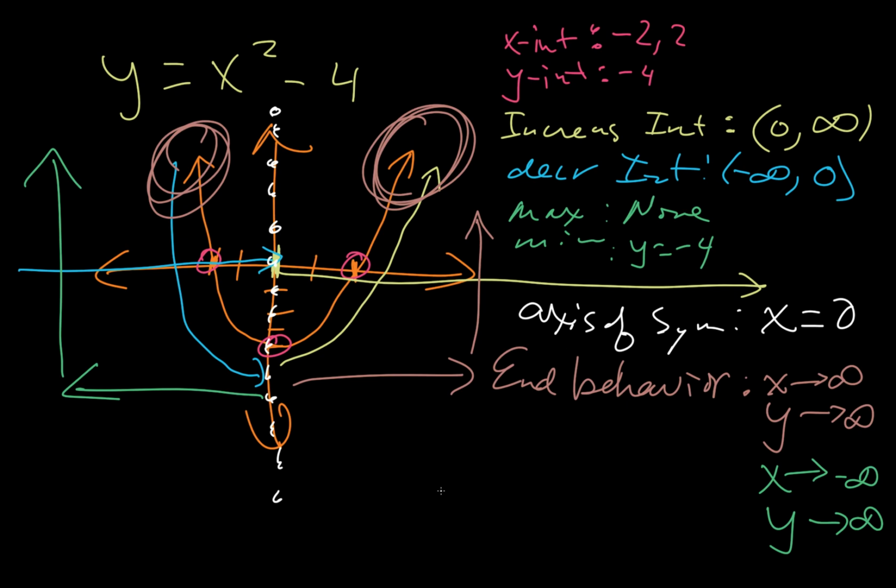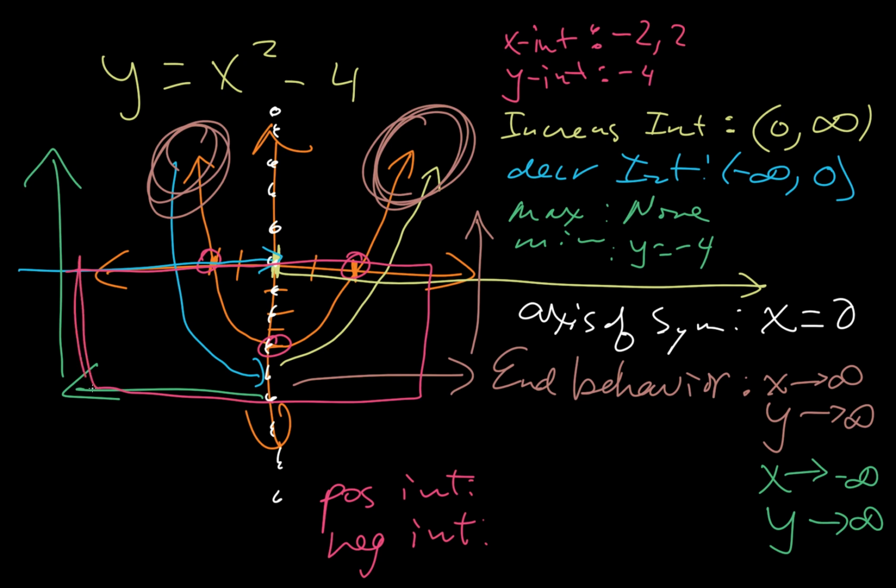And then we have positive and negative intervals. So positive interval, negative interval. Okay, in this case, negative is easier, so I'm going to start with that. So negative is just what's happening below the x-axis, or which x values put us below the x-axis.